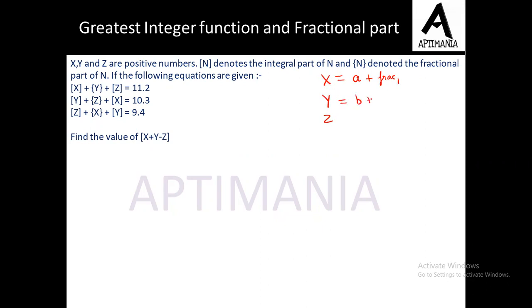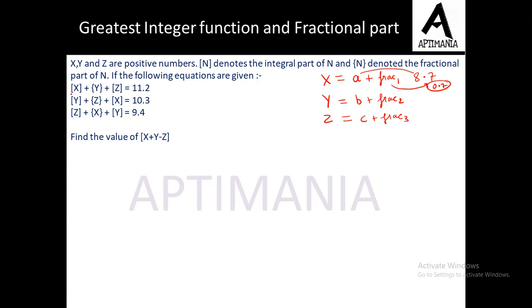We have b plus fraction 2, which is the fractional part of y, where b is the integral part of y. And we have z as c plus fractional part frac 3. For example, if x is 8.7, then a is 8, the integral part, and the fraction is 0.7.